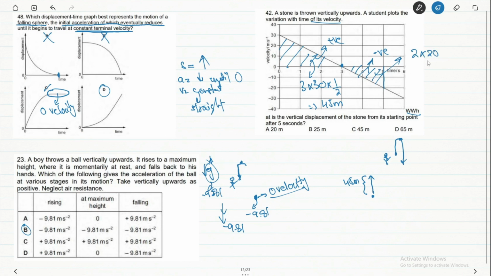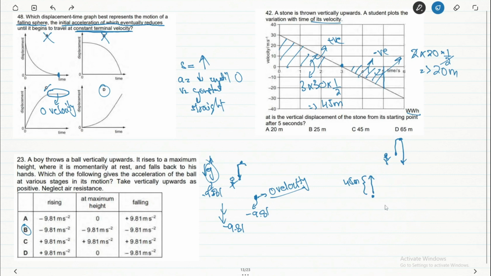Because we know it's negative. Right now we're not writing the sign, so this is 20 meters. So the distance that it comes down is 20 meters, right? So this is 25 meters, that it's still above its position, right?